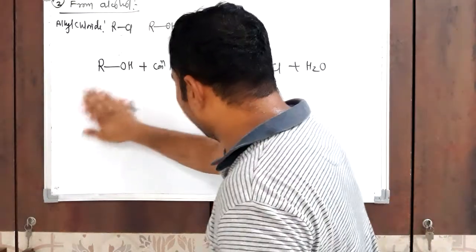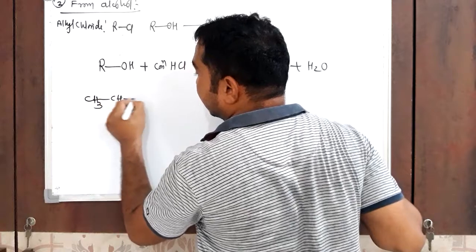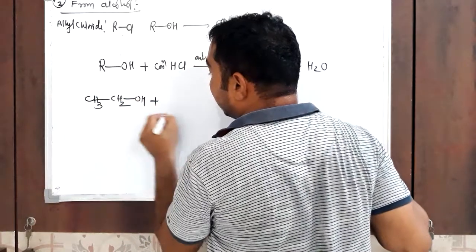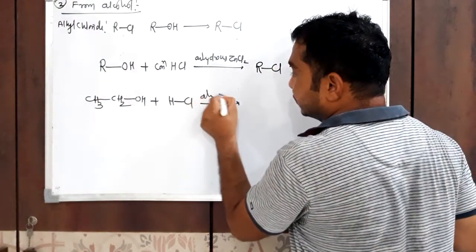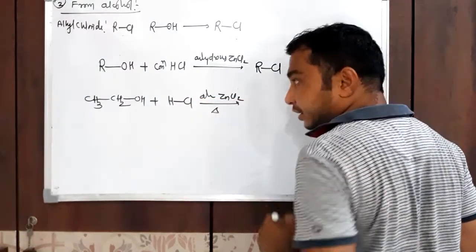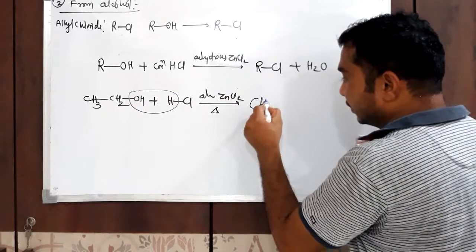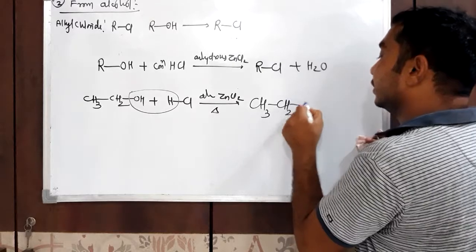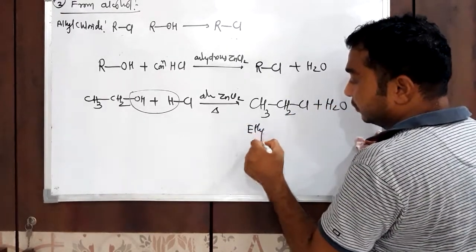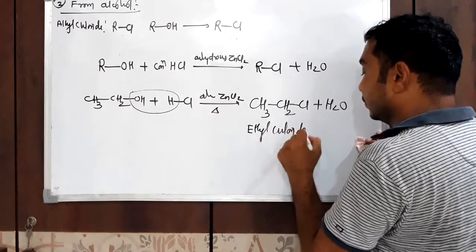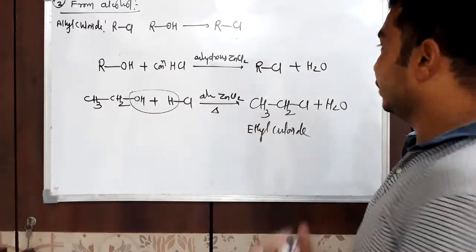For example, take ethyl alcohol, ethanol plus hydrochloric acid containing anhydrous ZnCl2 plus heat. Then there is removal of a water molecule, giving the corresponding alkyl halide, that is ethyl chloride. Very simple reaction.